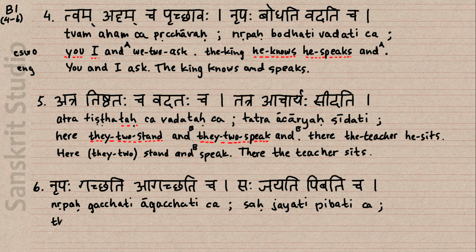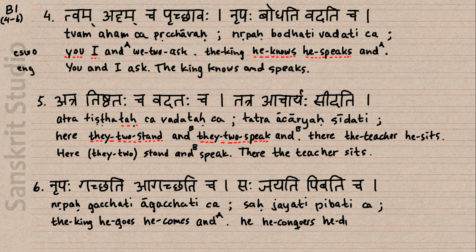So the king he goes, he comes, and this is syntax A. He, pronoun saha, he conquers, he drinks, and two verbs we are connecting, but only one and.